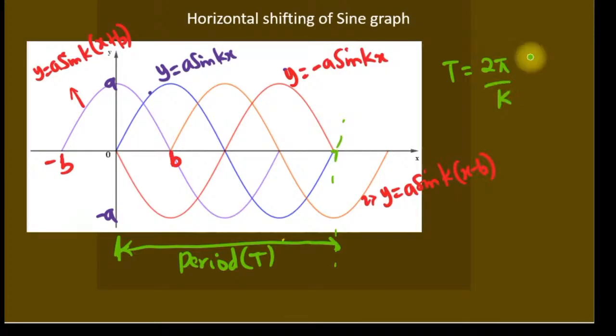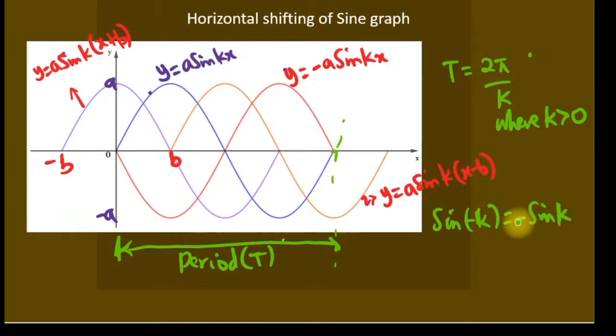And remember, k must be a positive number. Or if it's a negative number, we use the odd function property, that is sine of negative k is minus sine k. So we use that property.